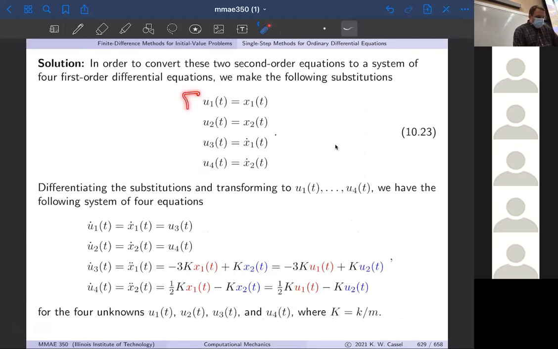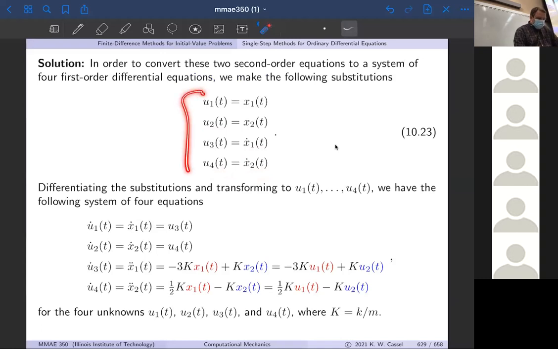So I need 4 new dependent variables, U1 through U4. U1 is going to be x1, U2 is x2. Those are the positions of the two masses. Then U3 is going to be the first derivative of x1, and U4 is going to be the first derivative of x2. You say, how's this going to work out? So I'm taking 2 second order equations, converting them to 4 first order equations.